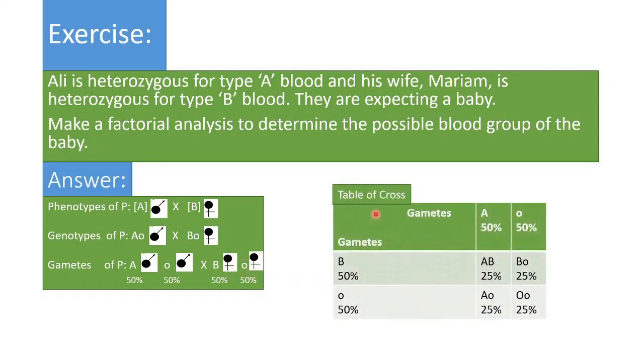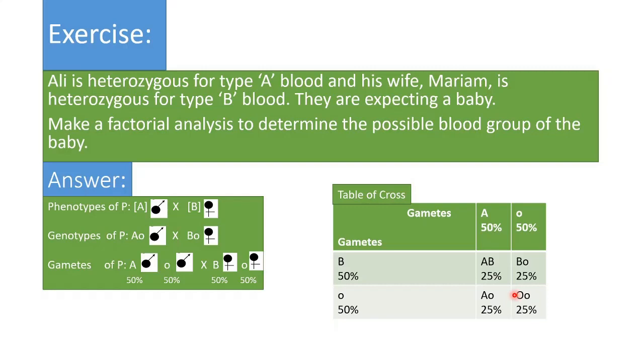If we draw the table of cross in this case, we're going to notice that the possibilities of the genotypes of any baby that is going to be born for this family are going to be AB 25%, BO 25%, AO 25%, and OO 25%. Pay attention here that for OO, both of them should be small letters because O is recessive.